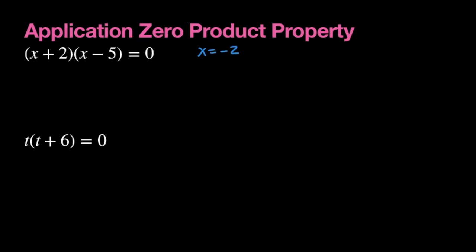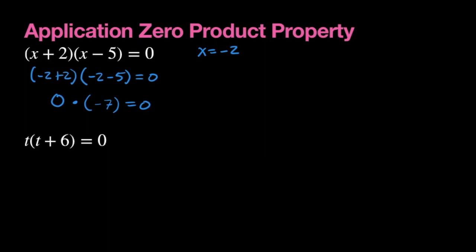So if we replace x with -2, we get -2 plus 2, -2 minus 5, that's equal to 0. So we get 0 times -7. And we know that this is going to be 0.